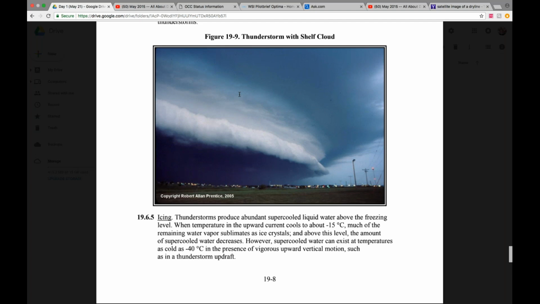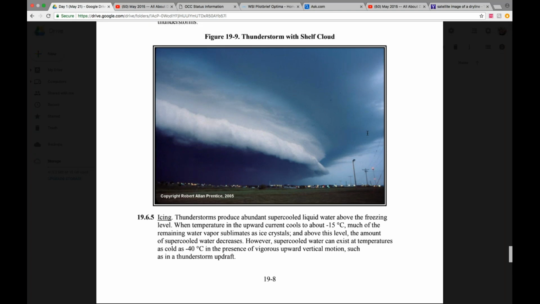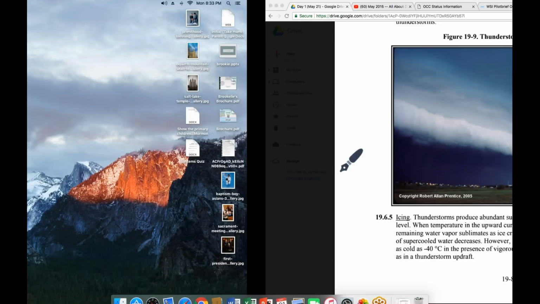A lot of that's due to the convection of those clouds. You can see how far out this cloud has developed. Oh my gosh.